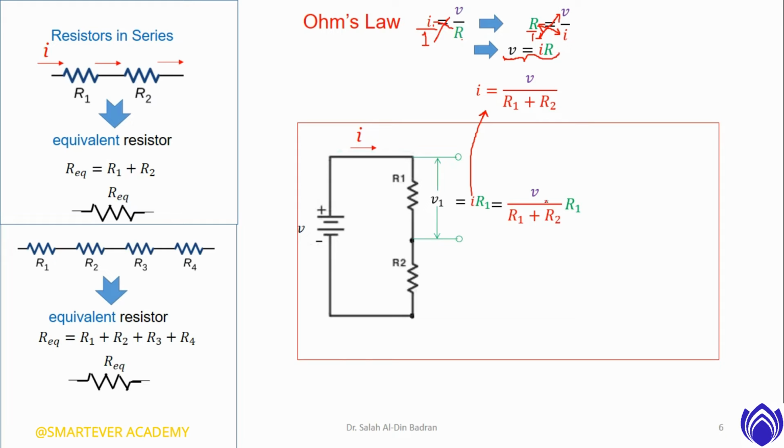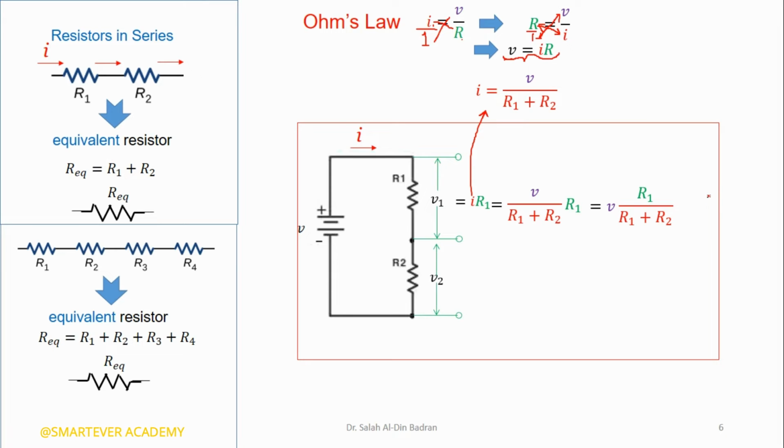Here we have only resistors and the voltage: the total voltage, multiplied by the resistor that we want to find the voltage across, over the equivalent resistor. We can rearrange this formula and write the total voltage times R1 over the equivalent resistor.